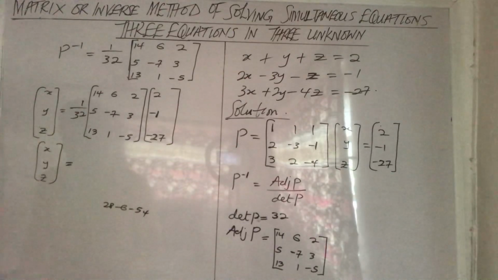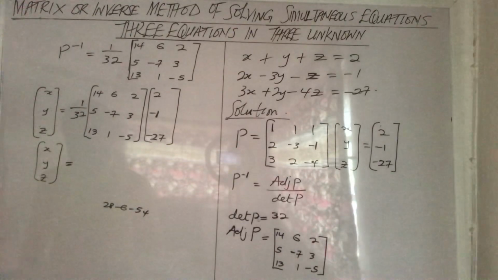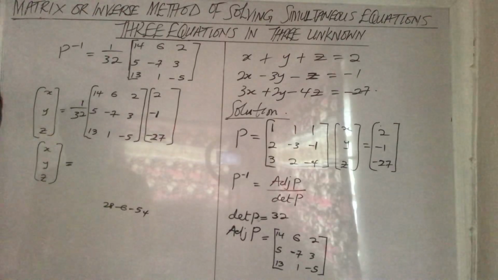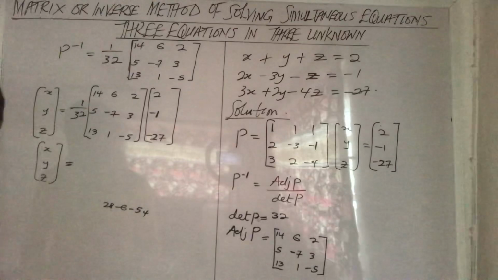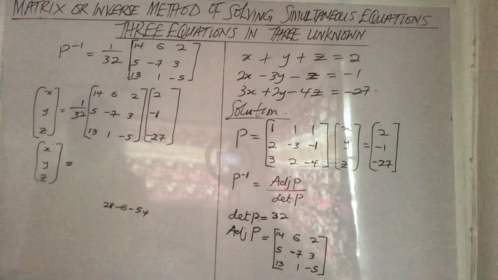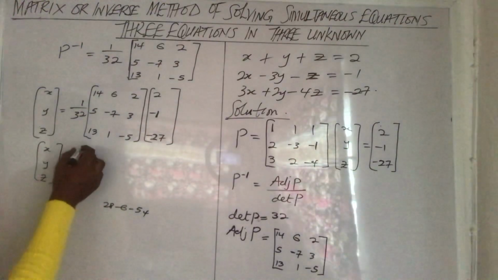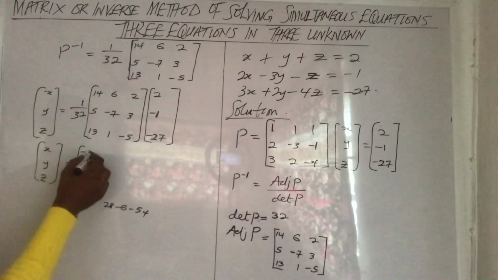If I add together 28 minus 6 minus 54, this will give me minus 32 here.